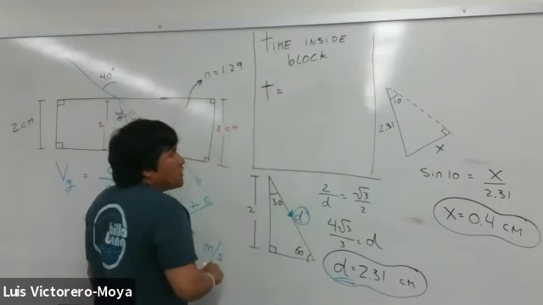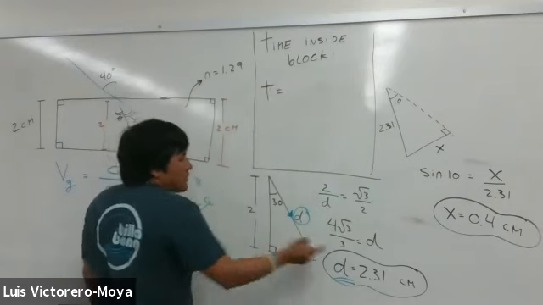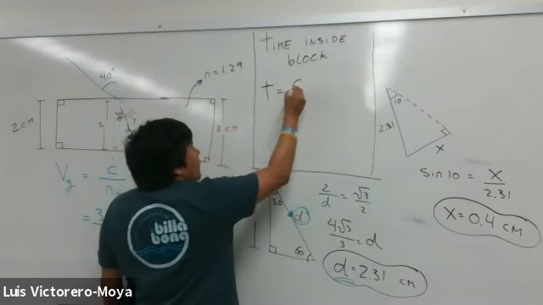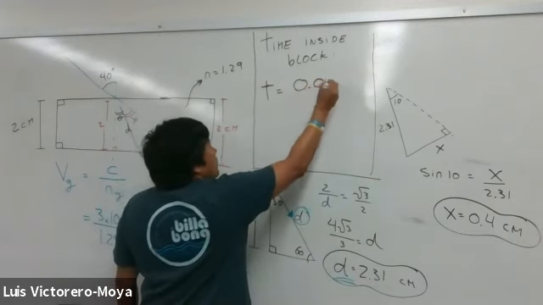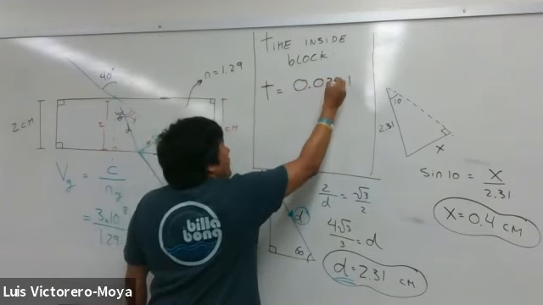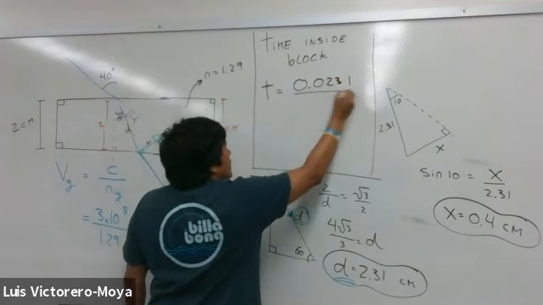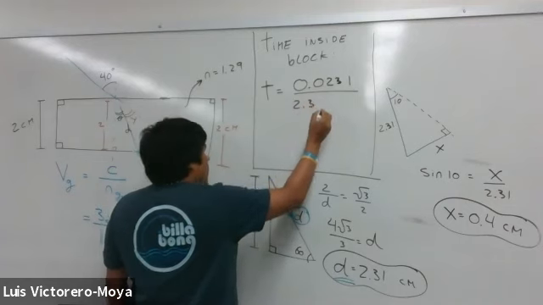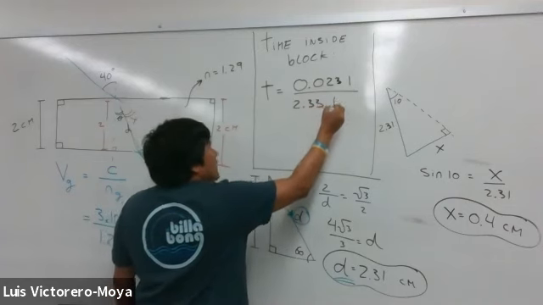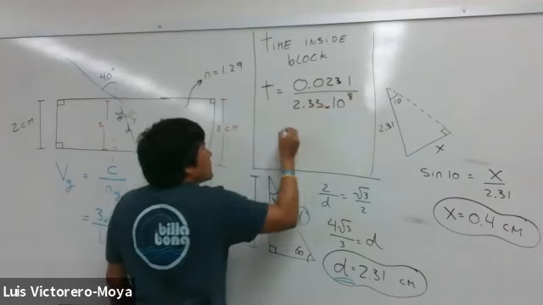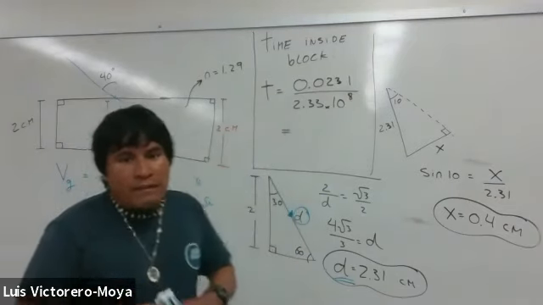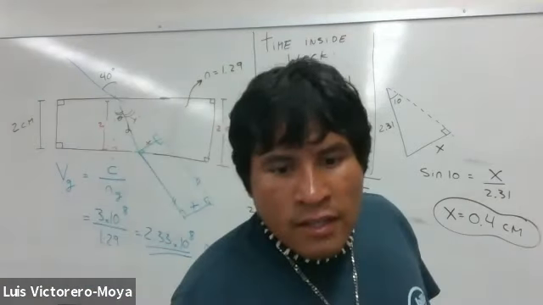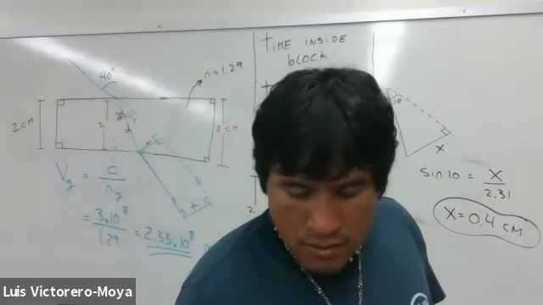Okay, but the velocity or speed, sorry, is in meters per second. So this has to be 0.0231 meters over 2.33 times 10 to the power of 8. So as you will expect, very, very tiny, really fast.